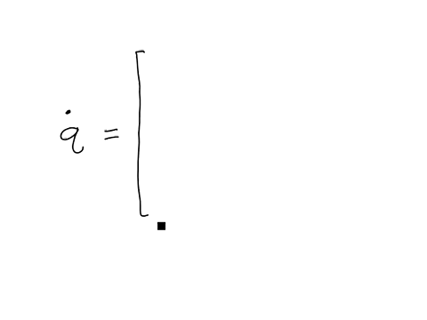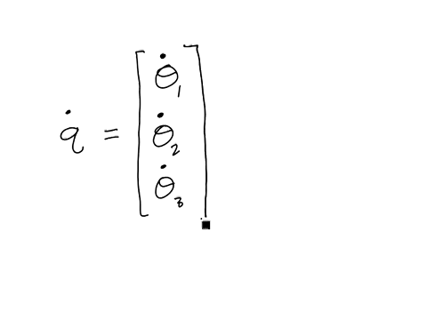If we have an articulated manipulator, the kind of manipulator we looked at in class last time, we have 3 revolute joints. So we have 3 thetas, and Q dot will be expanded as theta 1 dot, theta 2 dot, theta 3 dot. If we had a 6 degree of freedom manipulator in which all of the joints were revolute joints, then Q dot would have 6 rows and 1 column.